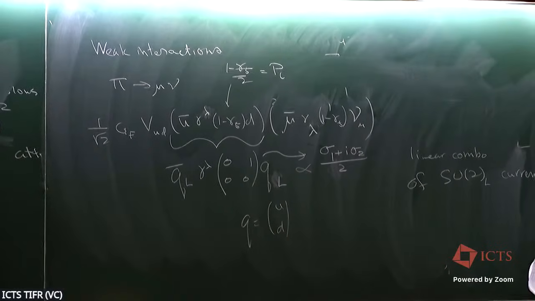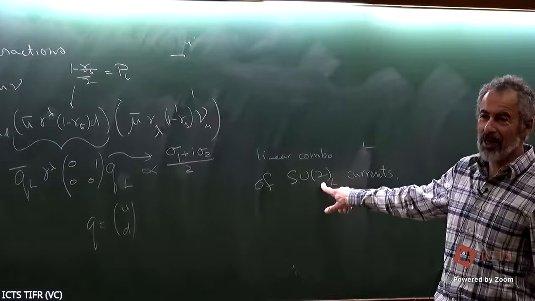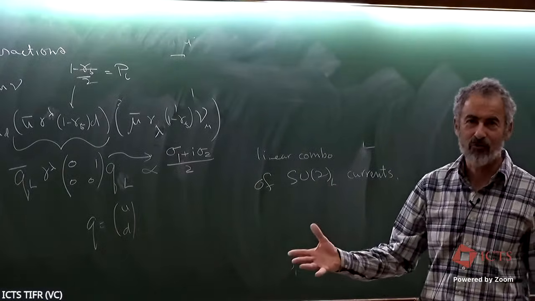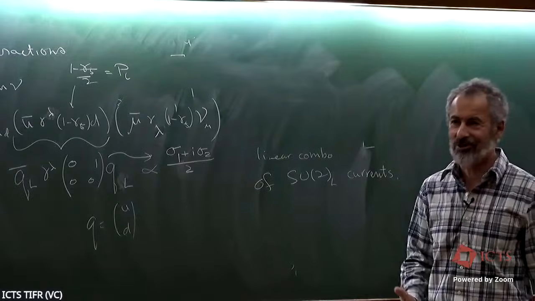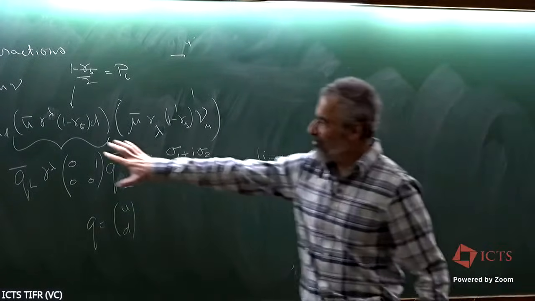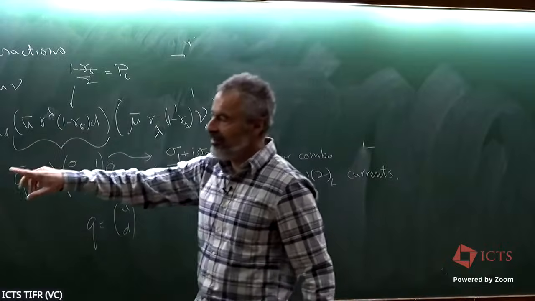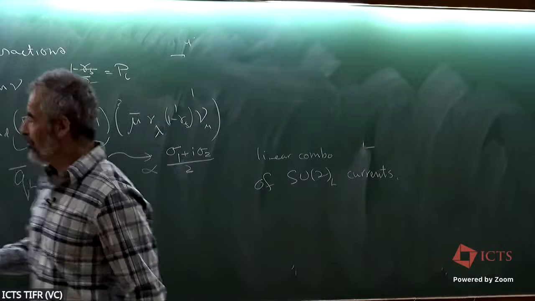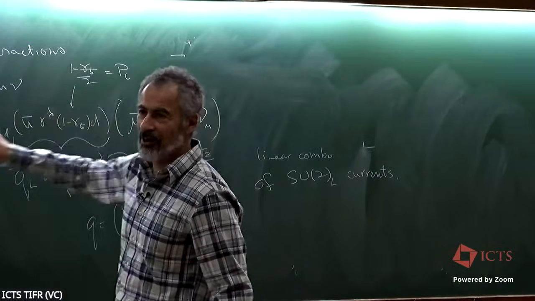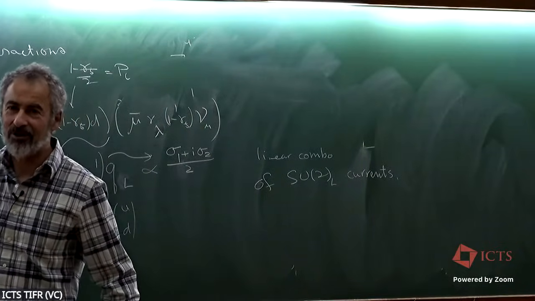We know how to compute SU(2) left currents in our chiral Lagrangian because we know how the particles transform under SU(2) left and we know Noether's theorem. So if you want to know how this matches onto the effective theory, you just have to replace the left-handed current of the quarks by the left-handed current you compute in your effective theory.